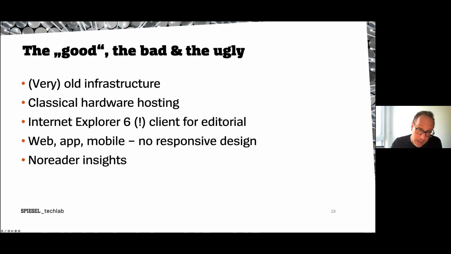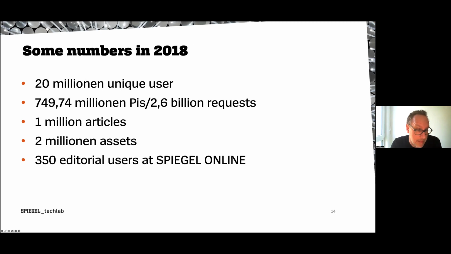What we knew were some other numbers. We had about 20 million users a month, about 2.6 billion requests every month, 1 million articles in the system, 2 million assets, and about 350 users that work on Spiegel Online in the editorial interface. From an SEO perspective, we were told we need to maintain 1 million article URLs that already exist on the internet.